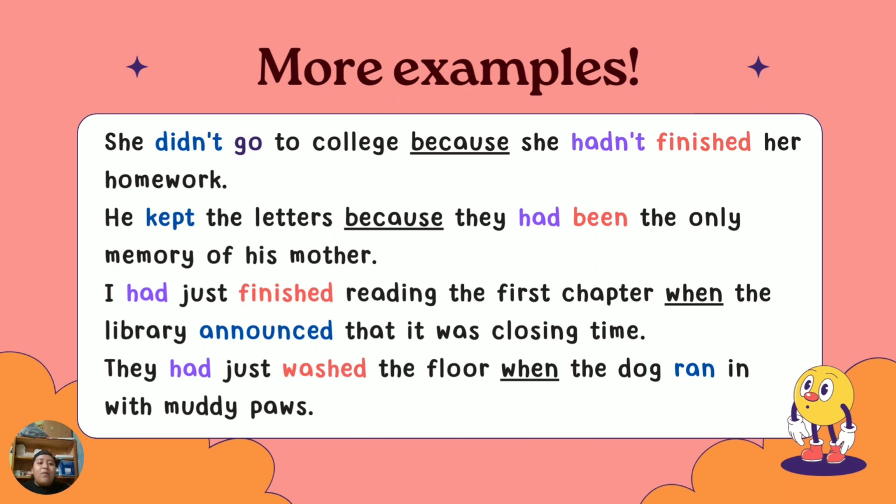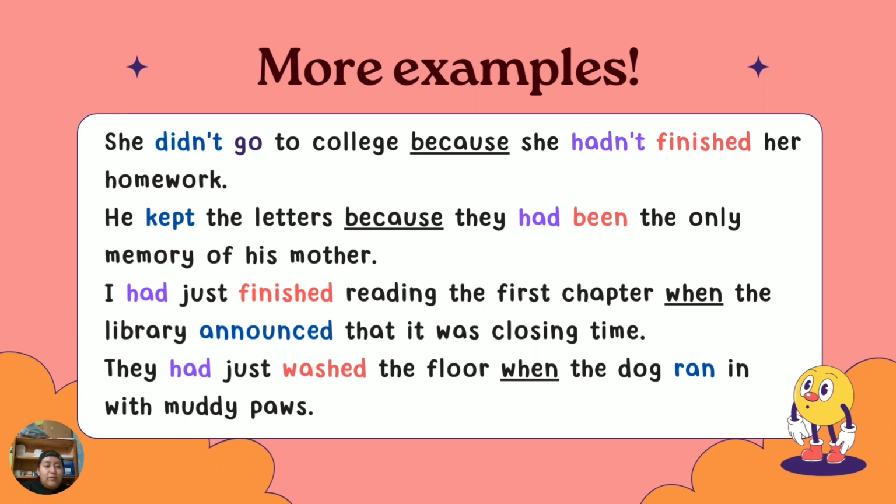Let's see more examples. She didn't go to college because she hadn't finished her homework. Next example, he kept the letters because they had been the only memory of his mother.